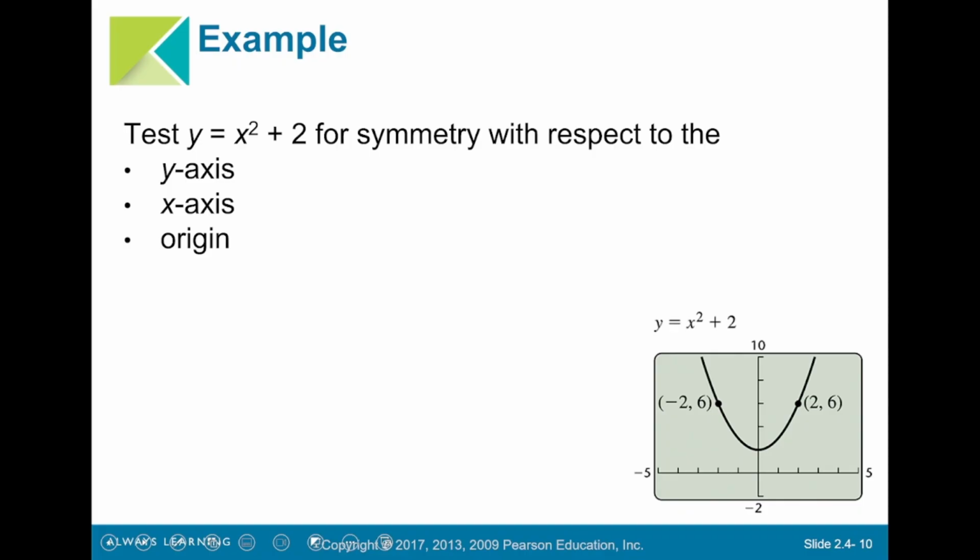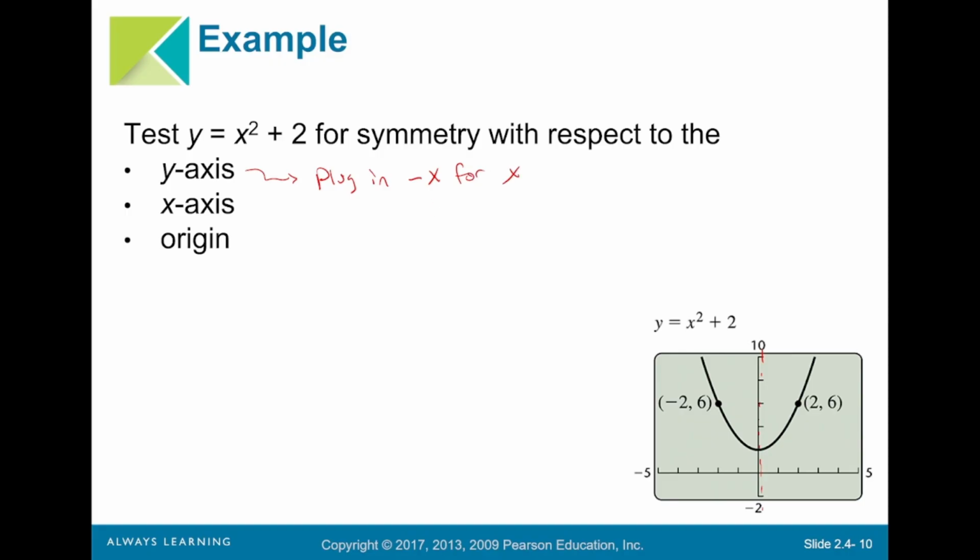We want to see if this function is symmetric with respect to the y-axis, the x-axis, and the origin. And you can see the graph on the bottom right part of the screen to help tell it; hopefully we get that it's symmetric with the y-axis, because clearly this is symmetric with the y-axis here. So we want to test if it's symmetric with the y-axis. You want to plug in -x for x.